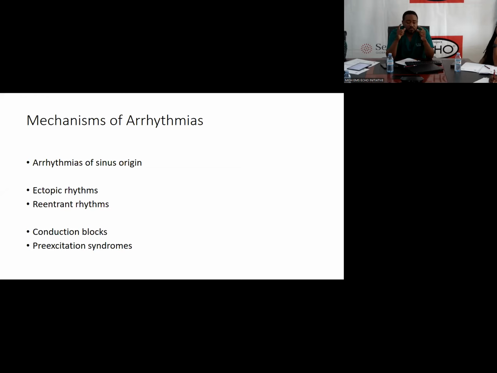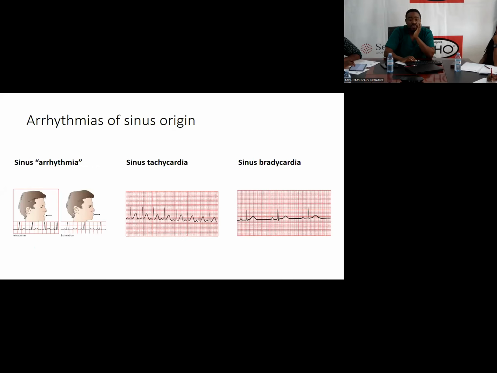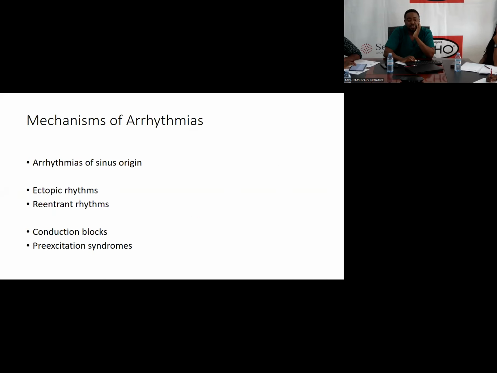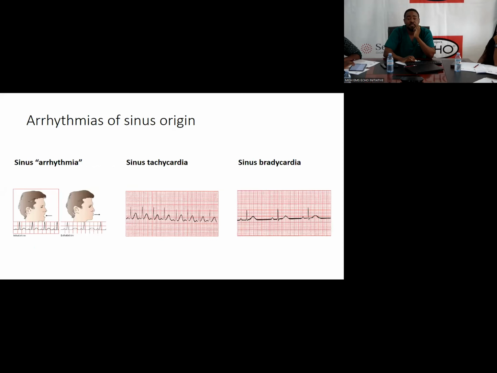So instead of flowing normally across the atria and the ventricles, there's a point either within the atria or the ventricles where impulses are just rotating around and causing a re-entry loop. Those are the ones that we call the re-entry rhythms. Then we have the conduction blocks, where impulses are not crossing over the AV node because of the problem with conduction. Then we have pre-excitation, where we have an abnormal bundle that's causing re-entry of impulses.